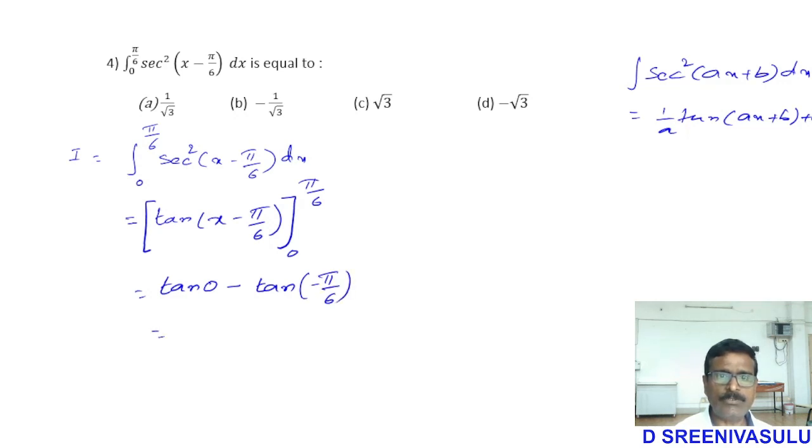Tan 0 is equal to 0. Tan of minus theta is equal to minus tan theta, so minus minus plus tan pi by 6. Tan pi by 6 is nothing but tan 30, and tan 30 is 1 by root 3. Which option is correct? Option A is correct. Answer is 1 by root 3.